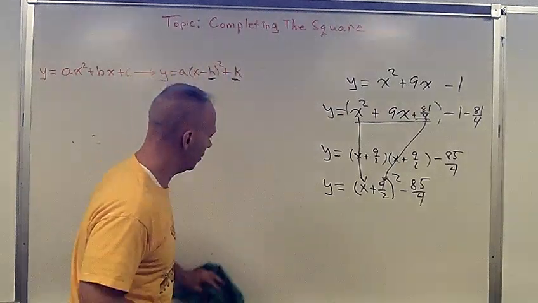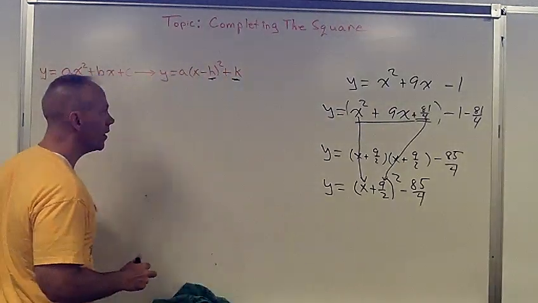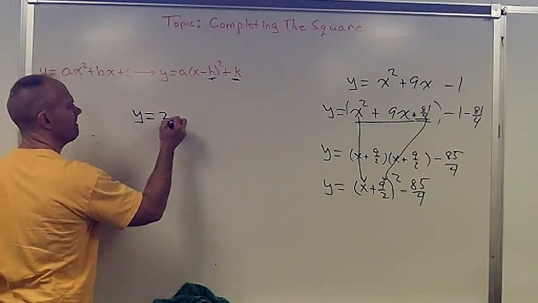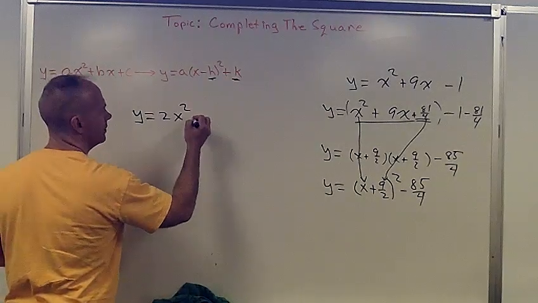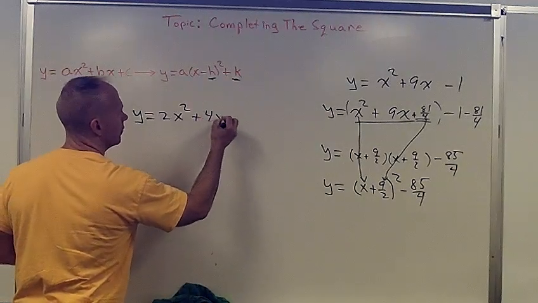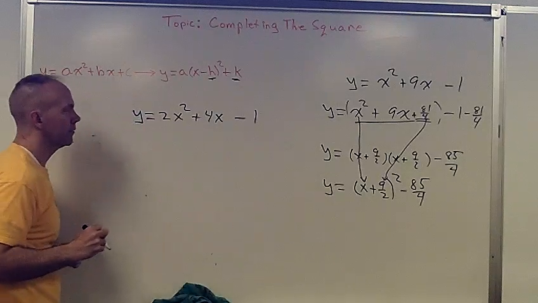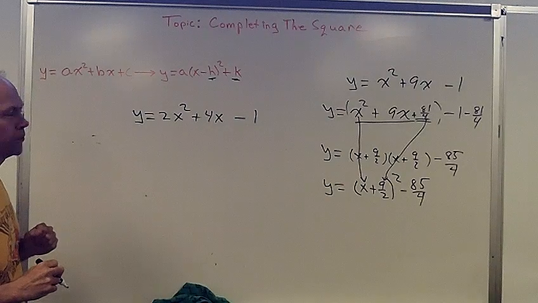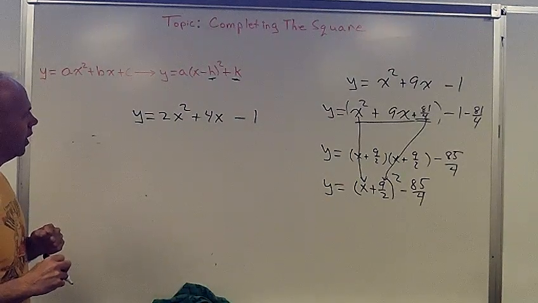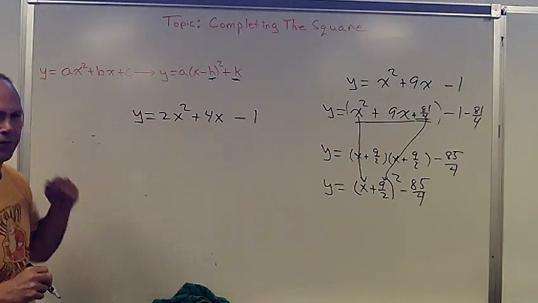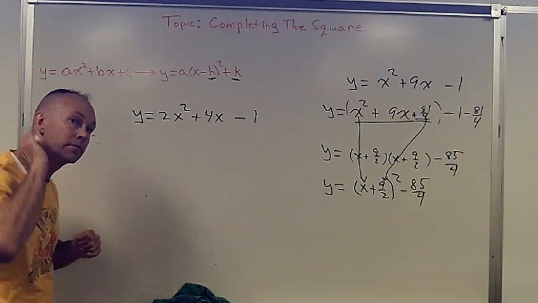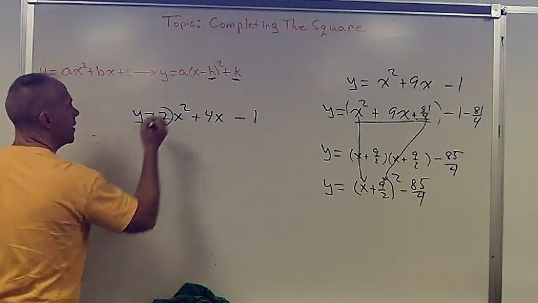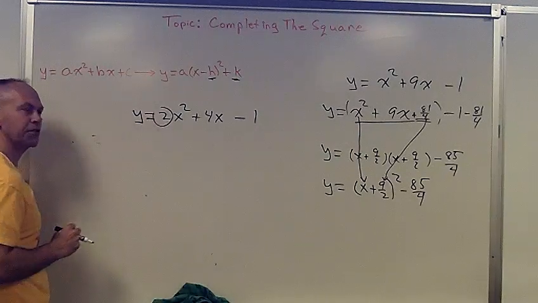But things get even uglier. Because what if I have a trinomial that looks like this? I don't know why I keep doing -1. It doesn't really matter. How is this different than our previous problems? That's right. A in this case is 2.